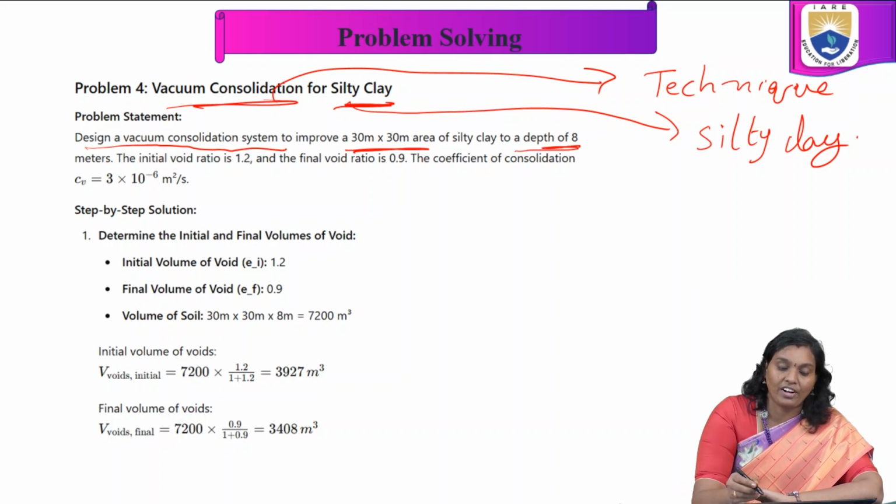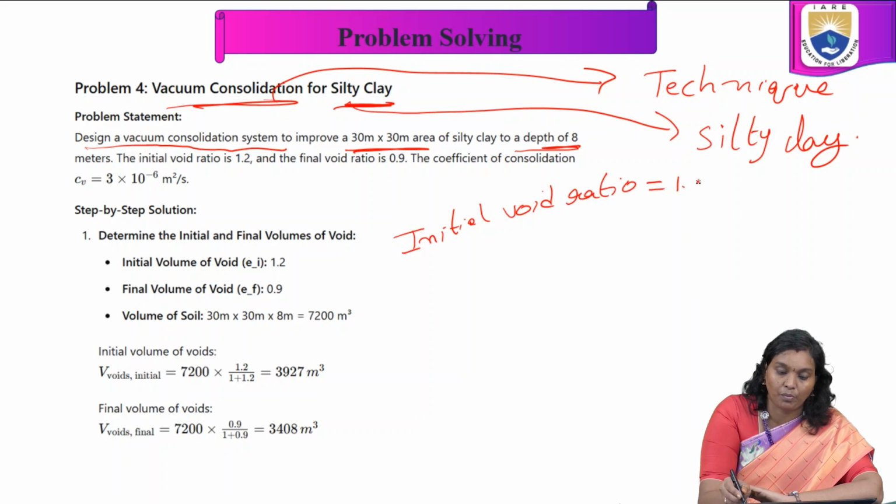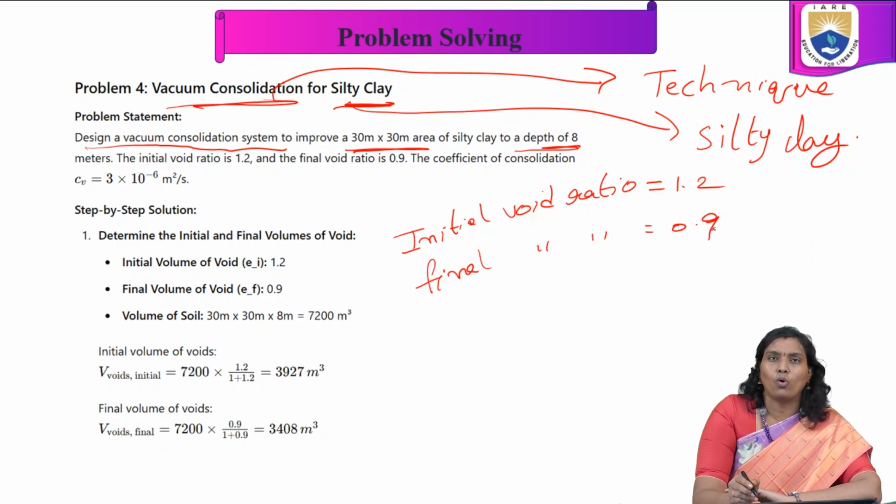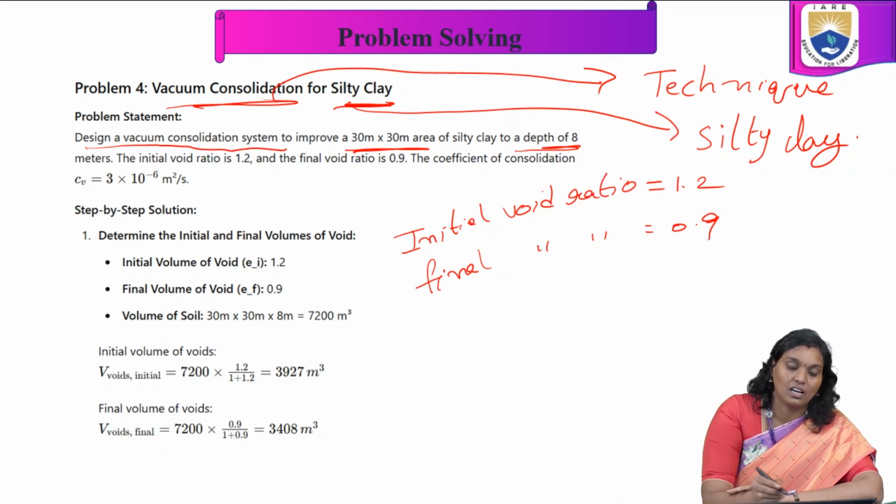The initial void ratio is 1.2 and the final void ratio is 0.9. The coefficient of consolidation is also mentioned.